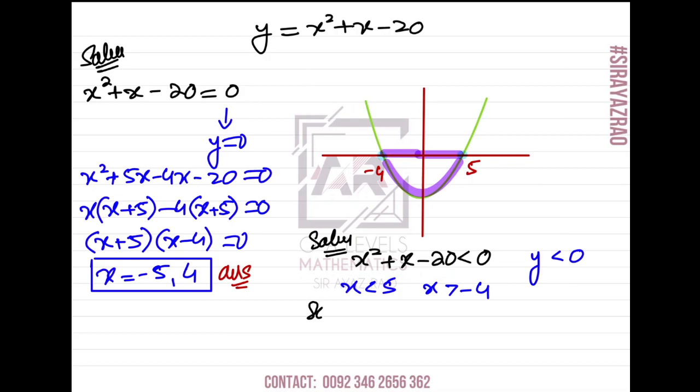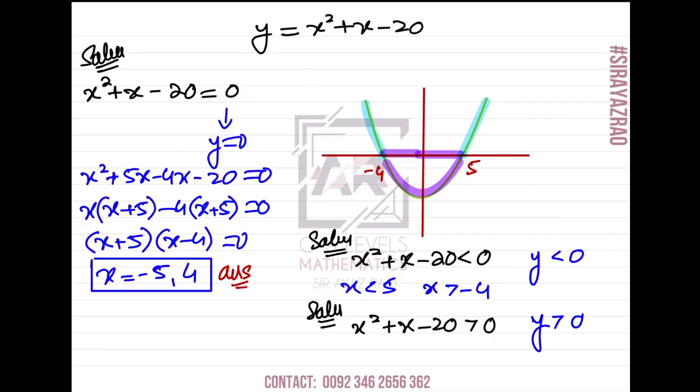But what if they ask you to solve x squared plus x minus 20 greater than 0? It means they are asking you, or if they ask you what is the range of values of x when y is greater than 0, when x squared plus x minus 20 is greater than 0. So they are asking you the value of x when y is greater than 0. So at what values is y greater than 0? Sir, this is the portion where y is greater than 0.